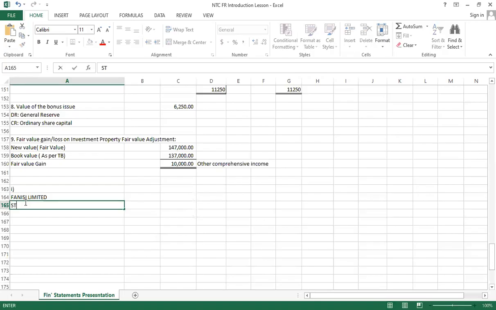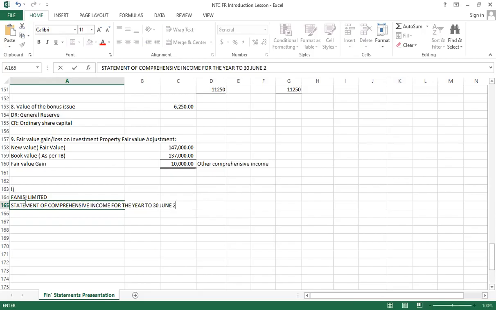And what we are preparing is the statement of comprehensive income, and this is for the year 2. The reporting date is 30th June 2023.